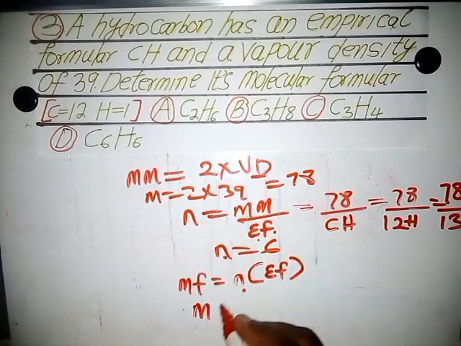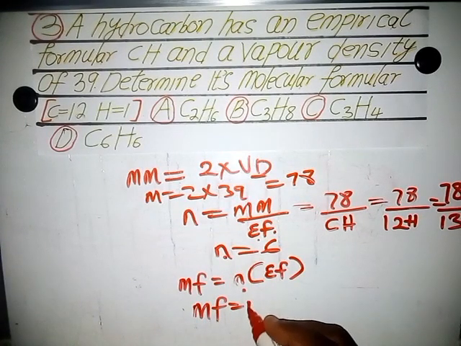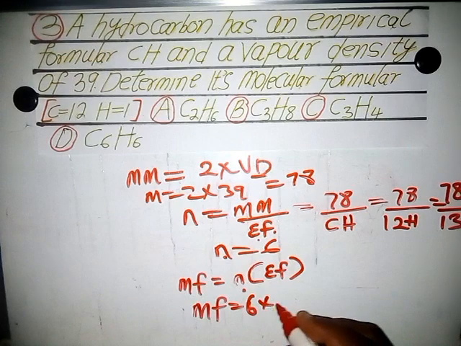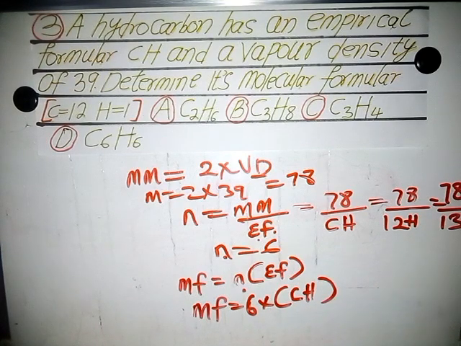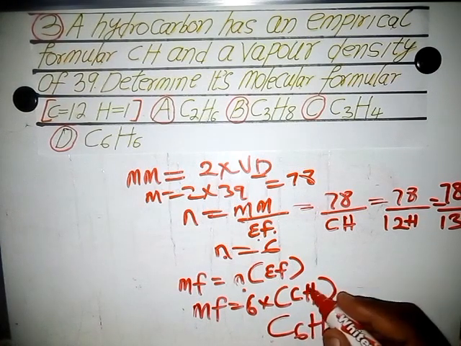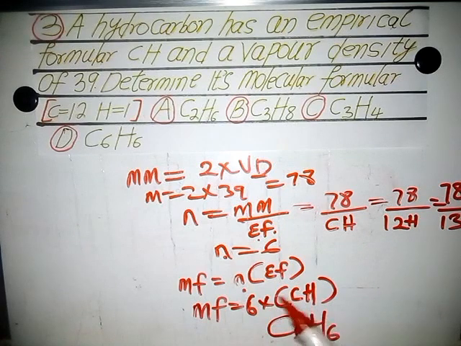That is molecular formula equals 6 times CH. When you open the bracket, this 6 multiplies the carbon, and you also multiply the H, you get C6H6. So this is now the molecular formula.